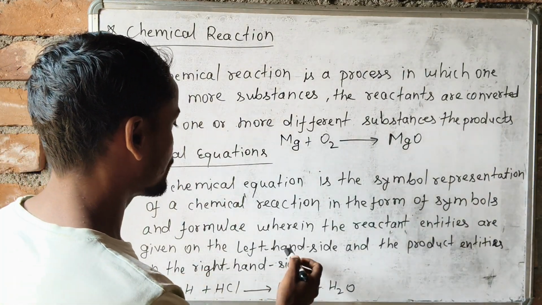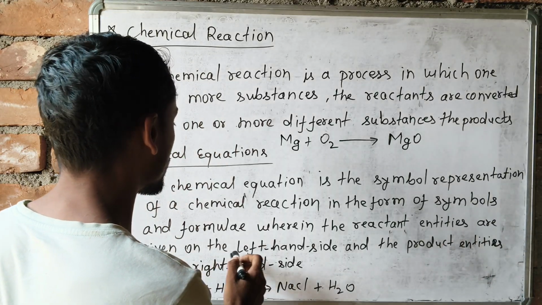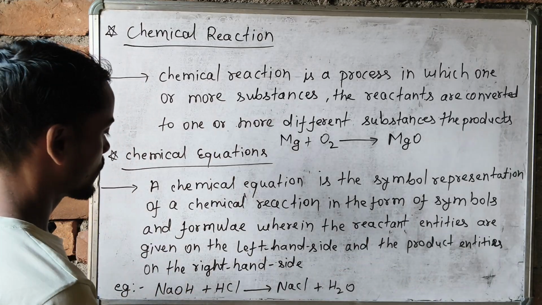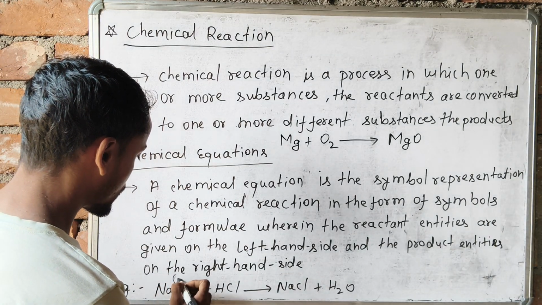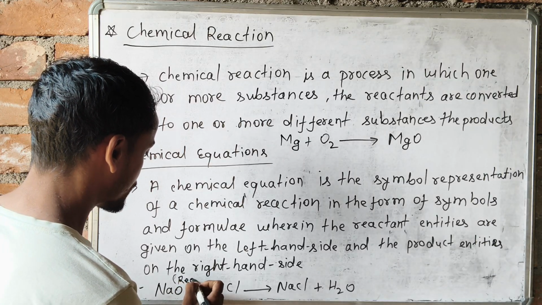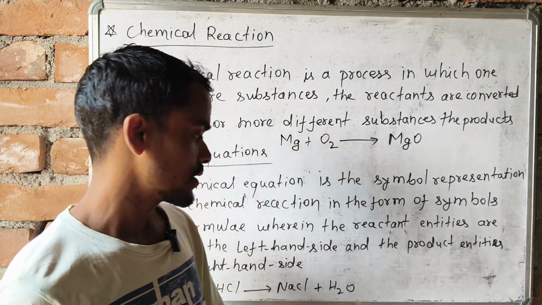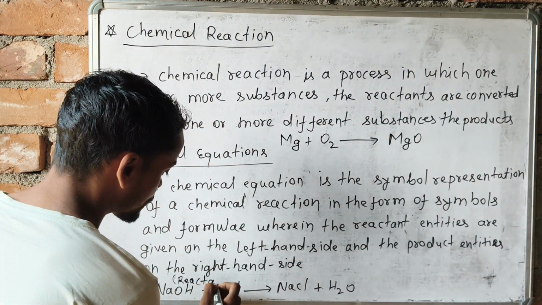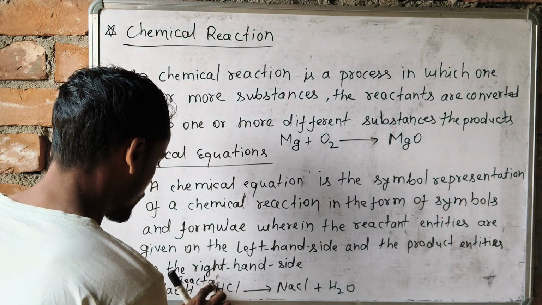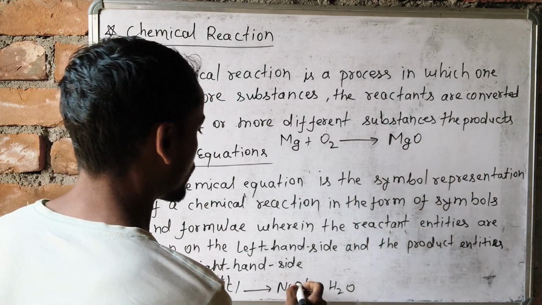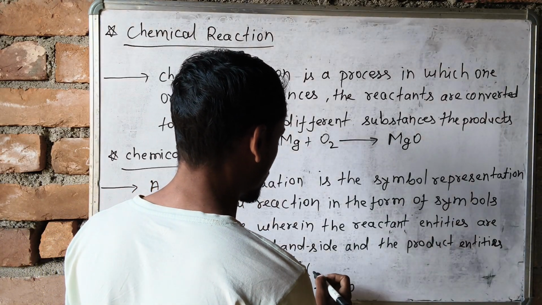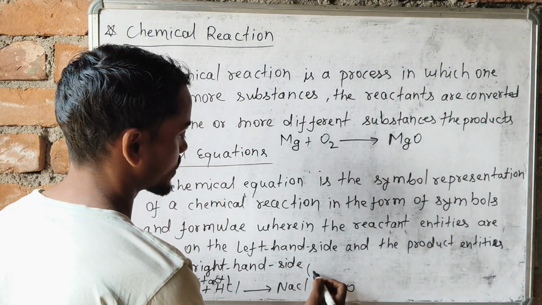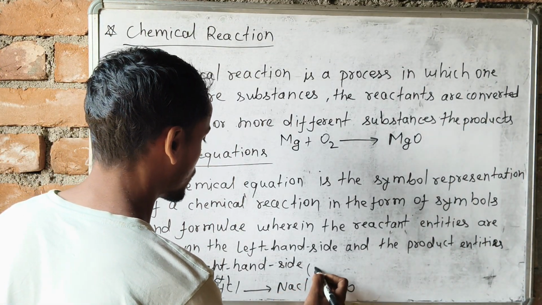The reactant entities are given on the left hand side, so when we see the left hand side, that is the reactant.